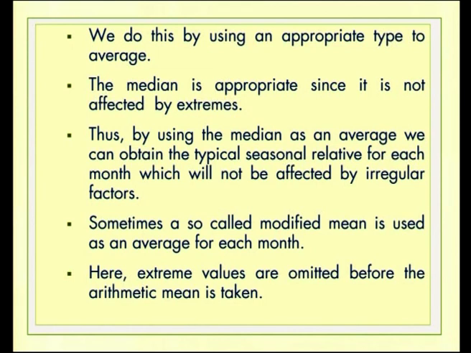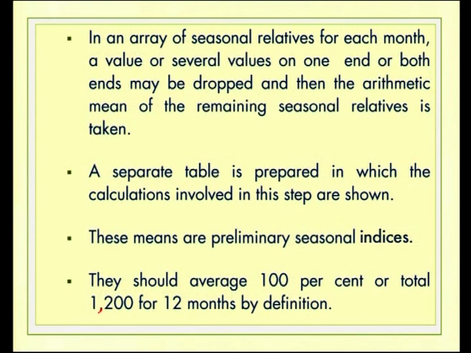Thus, by using the median as an average, we can obtain a typical seasonal relative for each month, which will not be affected by irregular factors. Sometimes the so-called modified mean is used as an average for each month. Here extreme values are omitted before the arithmetic mean is taken. So, in an array of seasonal relatives for each month, a value or seasonal values on one end or both ends may be dropped, and then the arithmetic mean of the remaining seasonal relatives is taken.